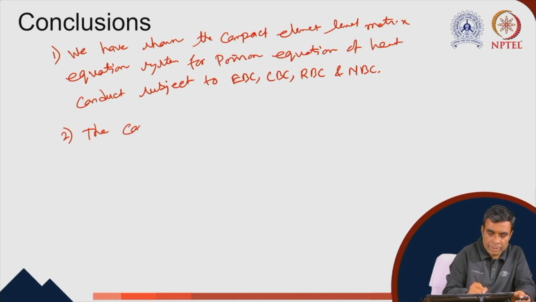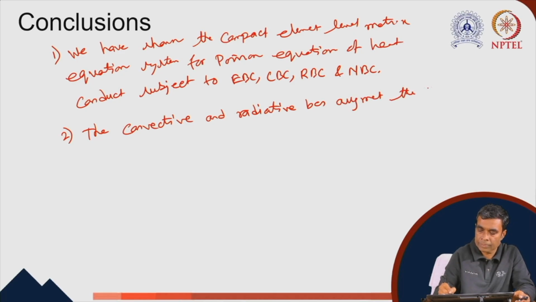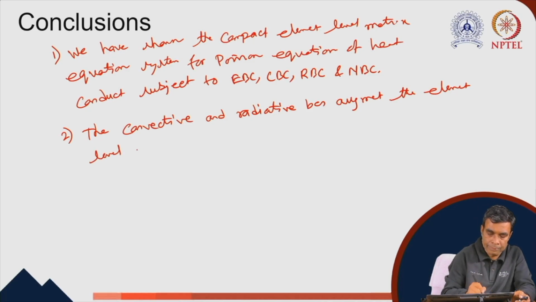The convective and radiative boundary conditions augment the element level coefficient matrix.